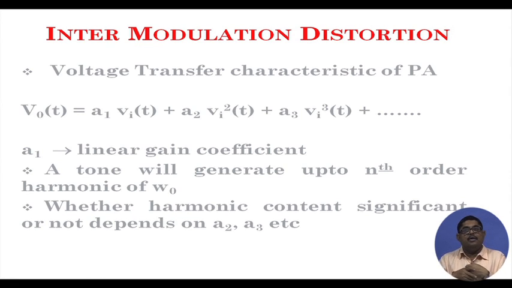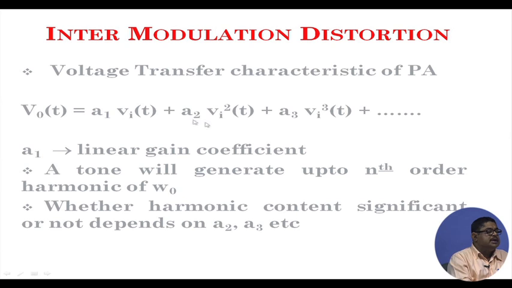Linear means in electronics we always say the superposition principle. For them the superposition principle is not valid, that means the additive property and the scaling property are not valid. So, there I can also have components like the square of the input, the cube of the input etc. with the proper coefficients.